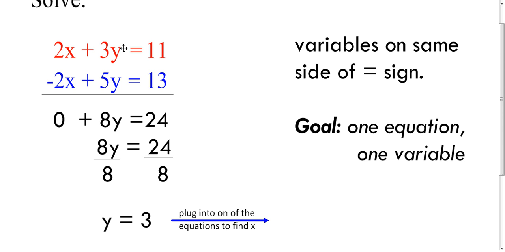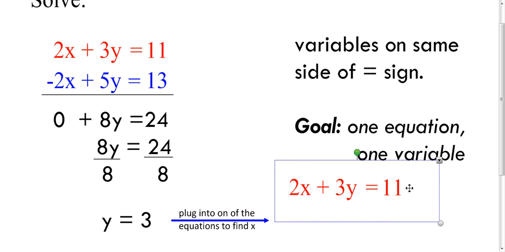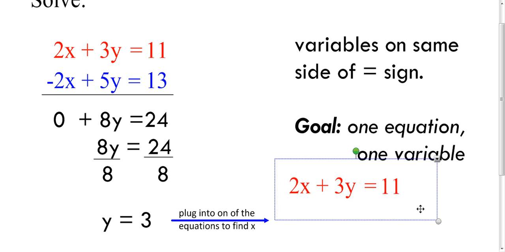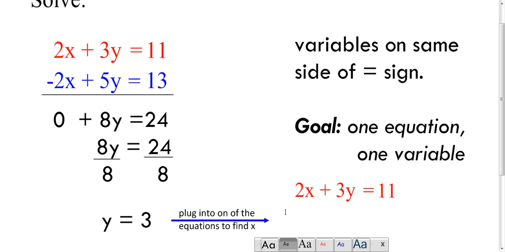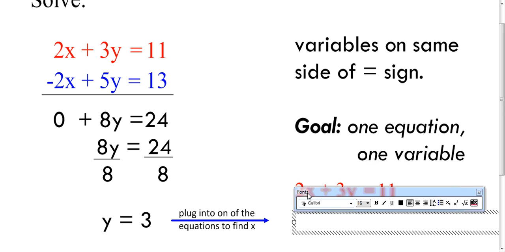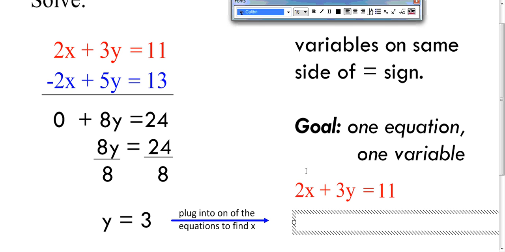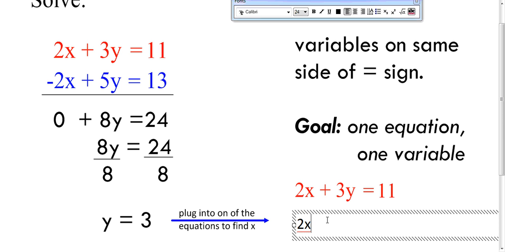So, since positives tend to be nicer, we'll take that one. So you've got 2x plus 3y, and now y is really equal to 3.